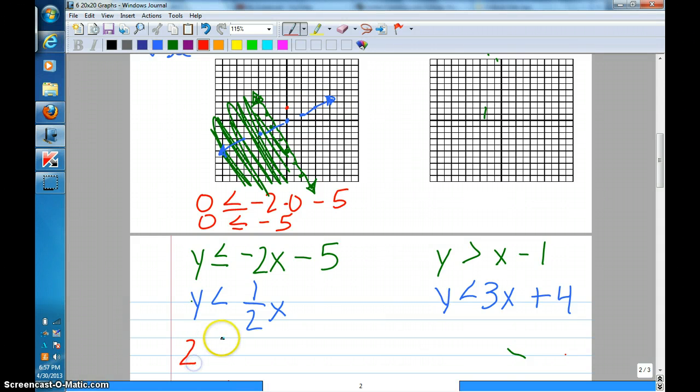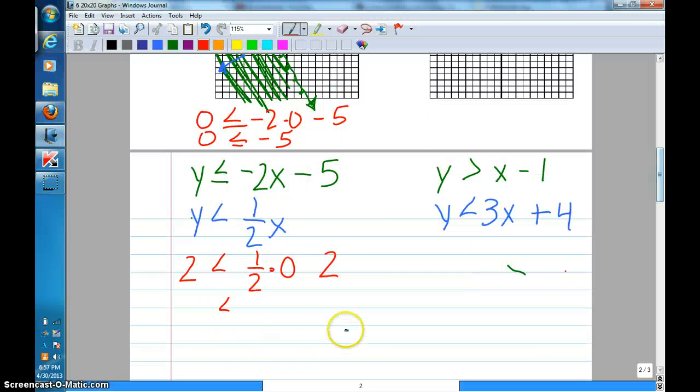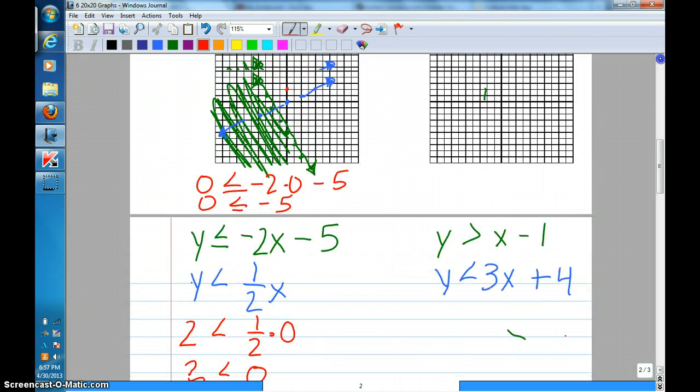So I'm going to plug in 2 for y, and 1/2 times 0 is 0. Is this true? Is Pac-Man eating the bigger number? No, that is not true. So I got to shade the opposite. I got to shade this way.